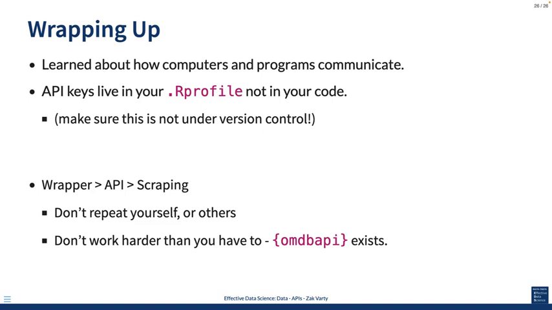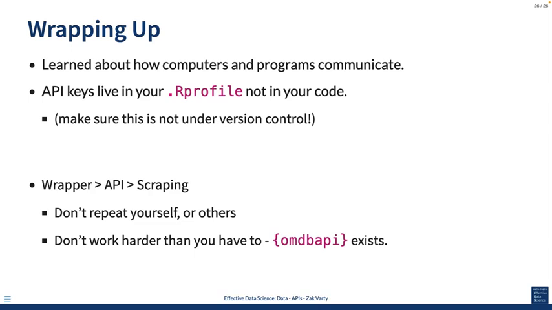When you're obtaining information from the internet, a wrapper is always preferable to an API, which is always preferable to scraping if they have those options available to you. This buys into our whole DRY framework for coding and working. We don't want to repeat work that you've already done or that others have already done. It's also important here to make sure that you're not working harder than you absolutely have to.